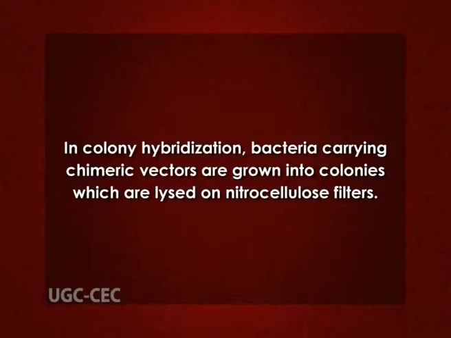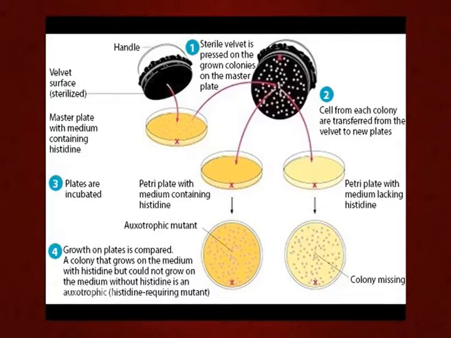In this technique, bacteria carrying chimeric vectors are grown into colonies, which are lysed on nitrocellulose filters. DNA is denatured in situ and fixed on the filter, which is hybridized with a radioactively labeled probe carrying a sequence related to the gene to be isolated.